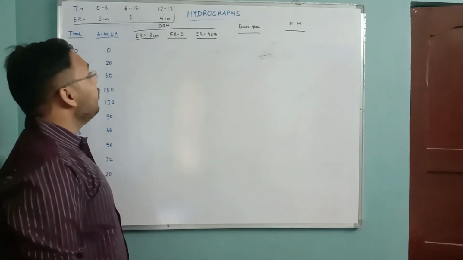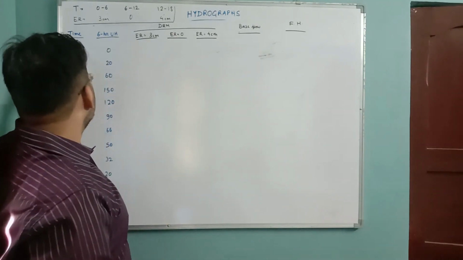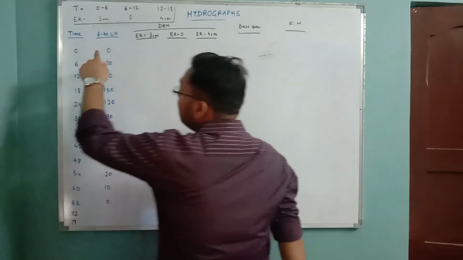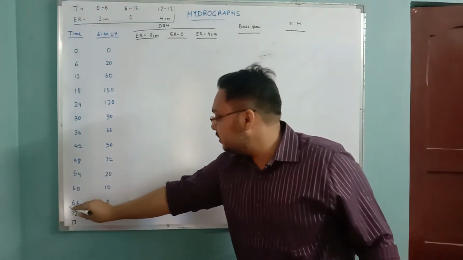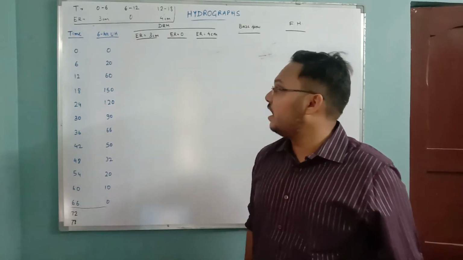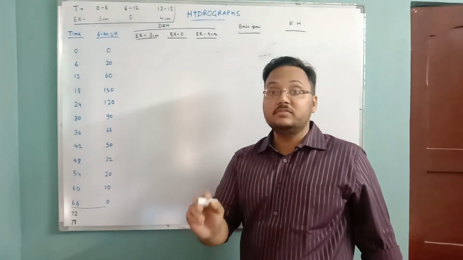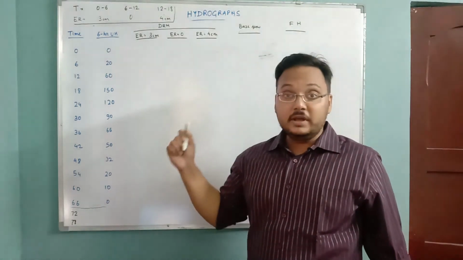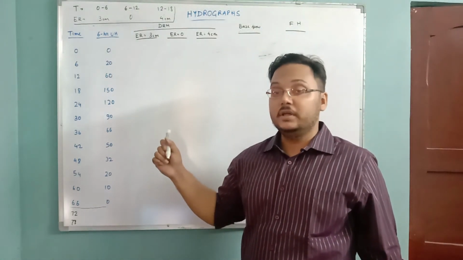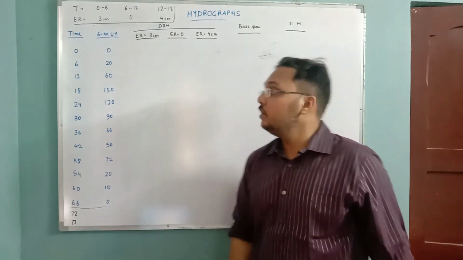And here this is the 6-hour unit hydrograph that is given in the question, and this is up to the 66th hour. I hope you have noted or taken a screenshot of the question, so that it will be helpful for you to do the calculations which we are going to do in the solution of this numerical.